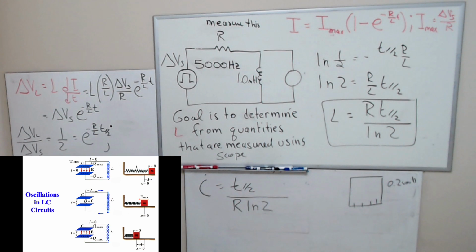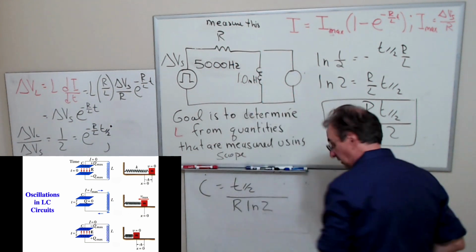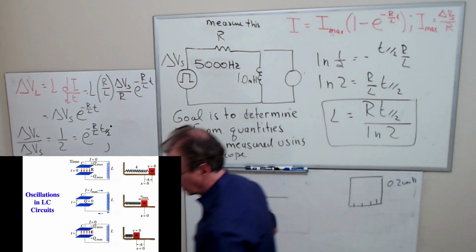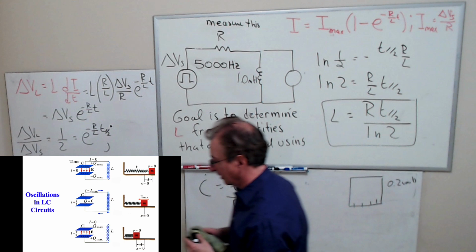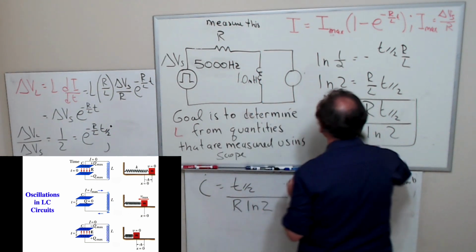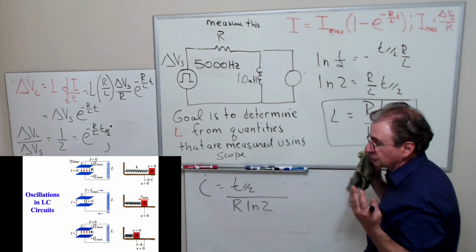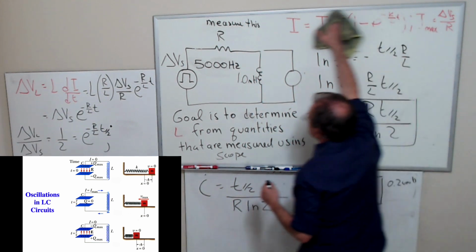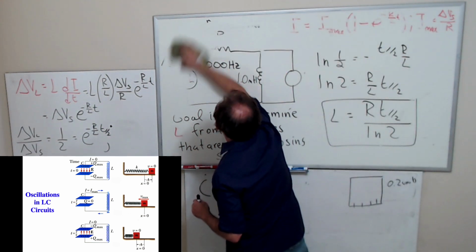So I want to look at the LC circuit, and what I want to consider is the following. Let me erase the board, because my goal at the end is to do the more complicated circuit. What we're looking at is transient responses, but I want to look at this particular circuit.